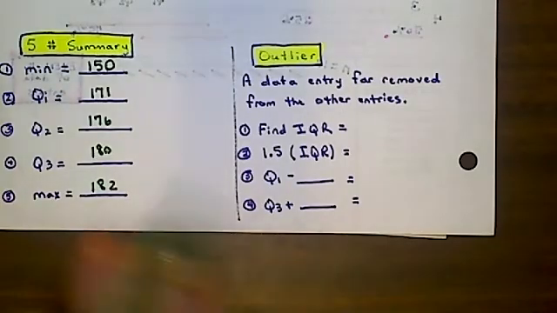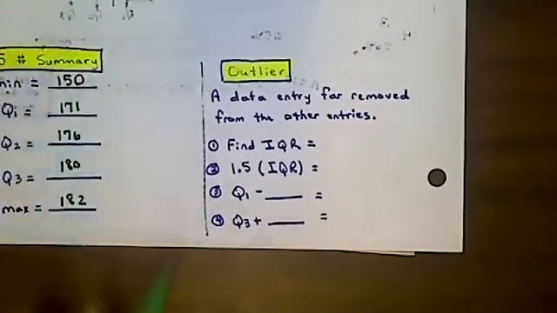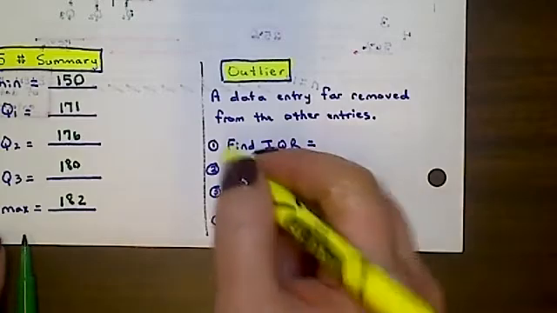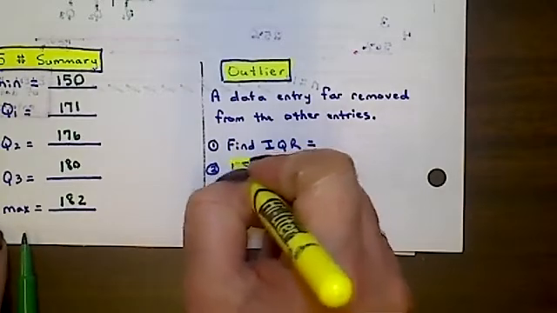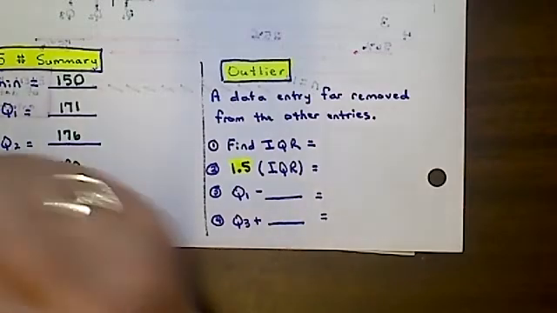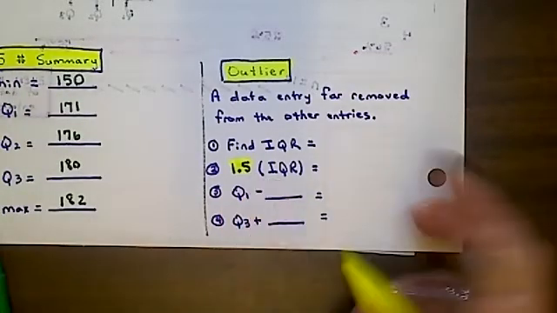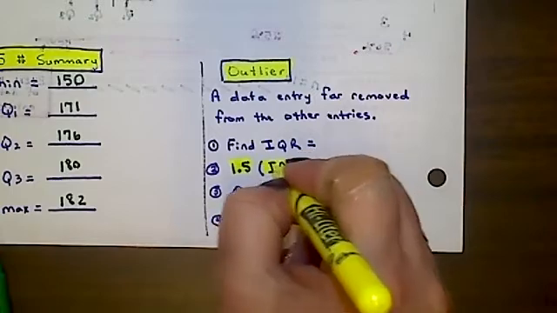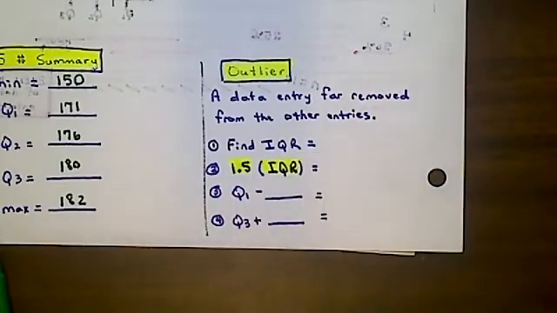Now, we've talked about outliers. An outlier is a data entry that's far removed from the other data entries. But there is a formula to actually prove and decide if something is an outlier. And if something is an outlier, it's going to lie 1.5 times away from the inner quartile range. Okay, so I'm going to let you copy down first.